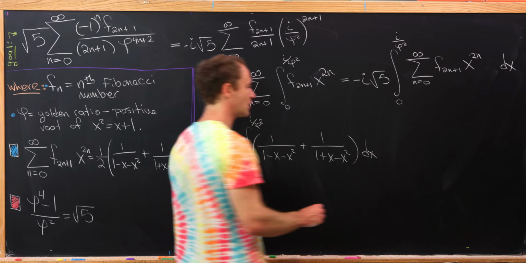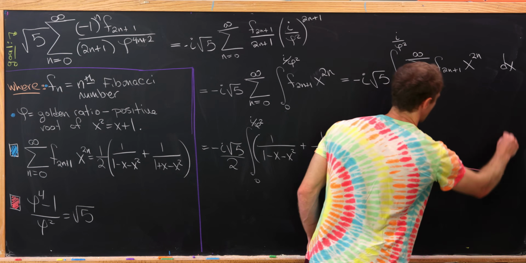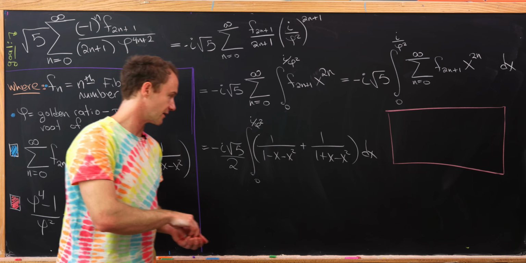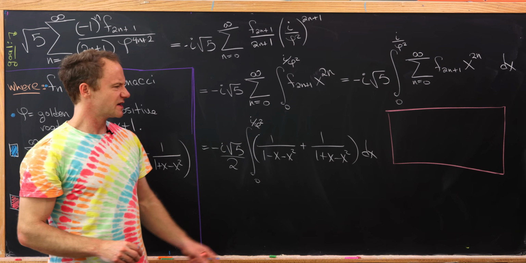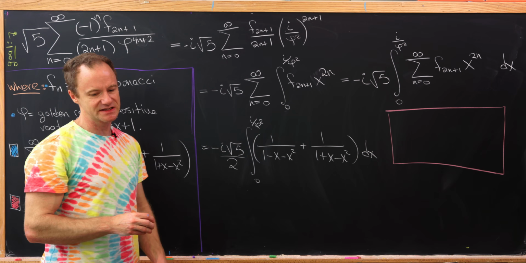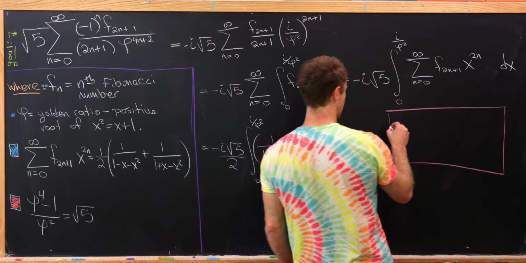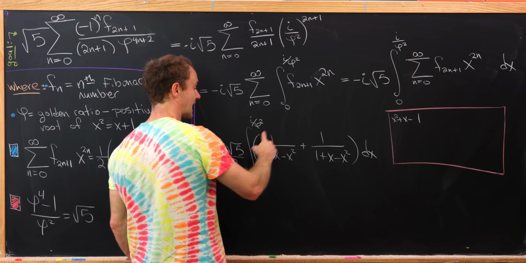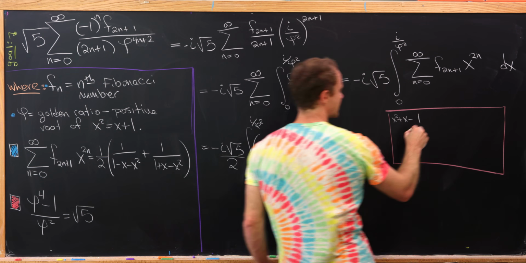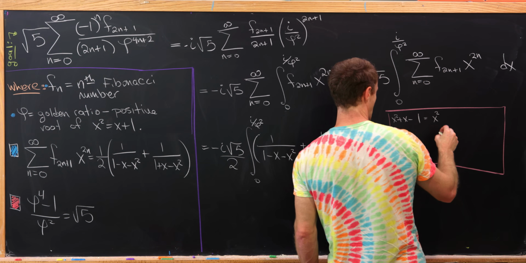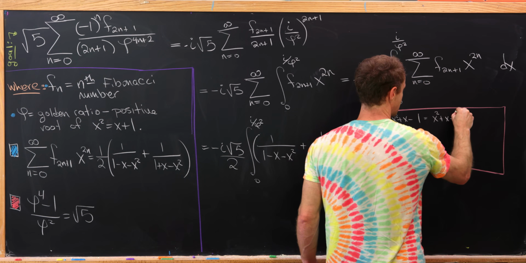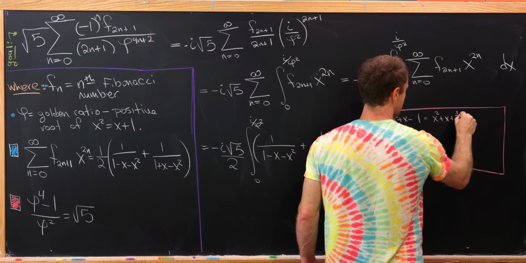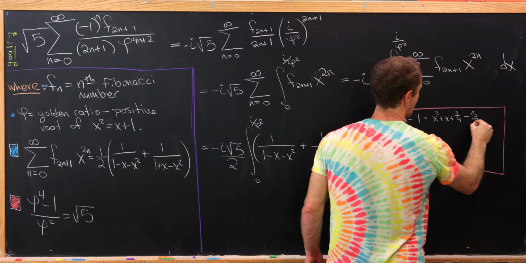Okay, so now from here, we're going to complete the square of those two terms in the denominator. So let's maybe complete the square of their negatives because that's just a little bit easier to work with. So if we've got x squared plus x minus 1, so that's the negative version of this one, well, we can rewrite that as x squared plus x plus 1/4 and then minus 5/4.